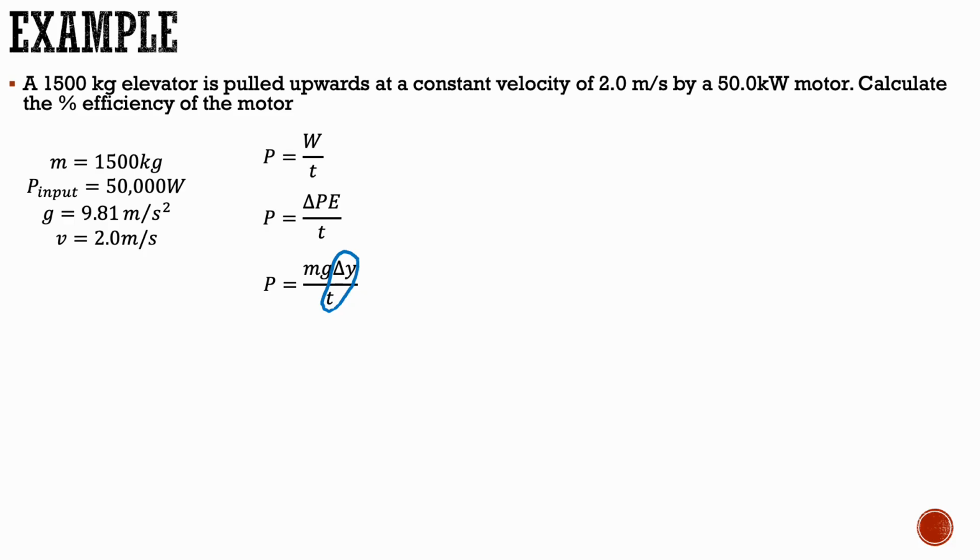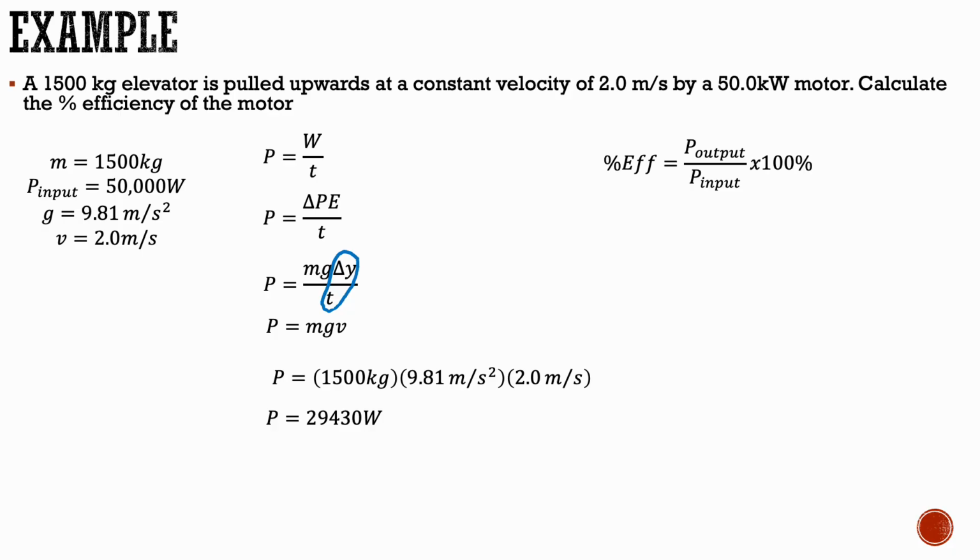If we have a displacement divided by a time, that is a velocity, so we can simplify this equation into mgv. At this point, substitute our values in, and we get a power output of 29,430 watts.